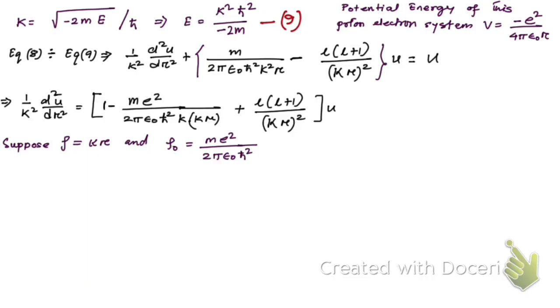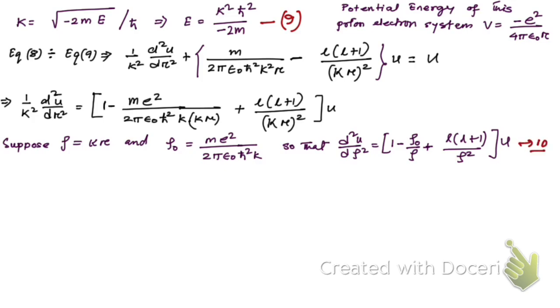Here we have taken this as rho naught, not this one only, this part. Hope you have understood this, so that the above equation becomes of this form. This is, suppose, equation number 10. Let me write this equation number 10.